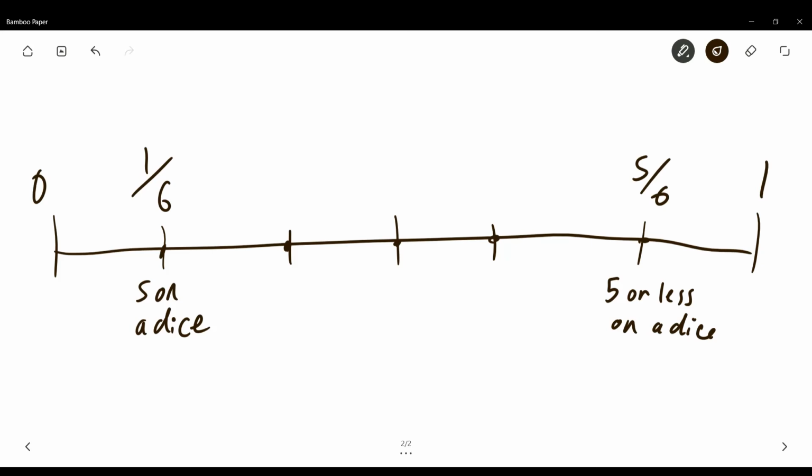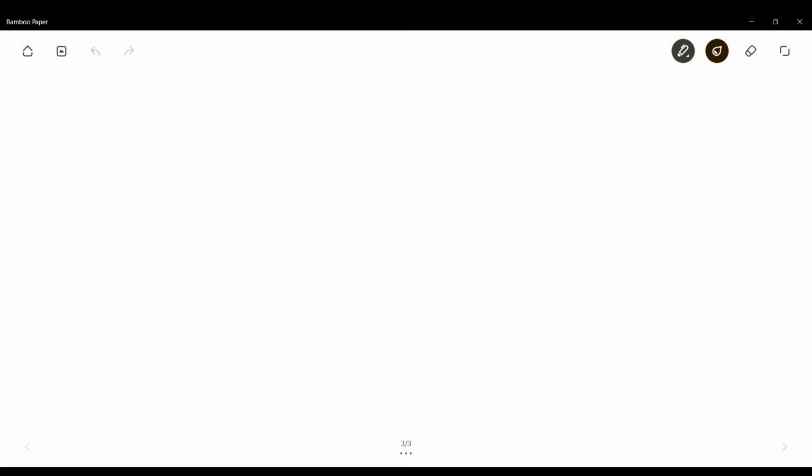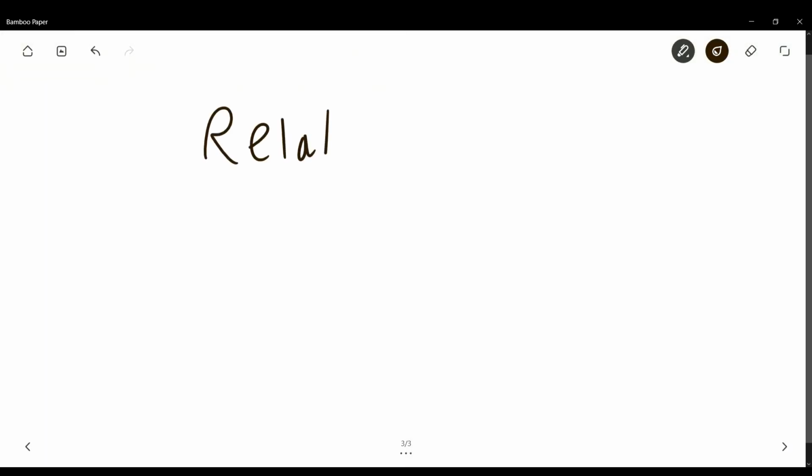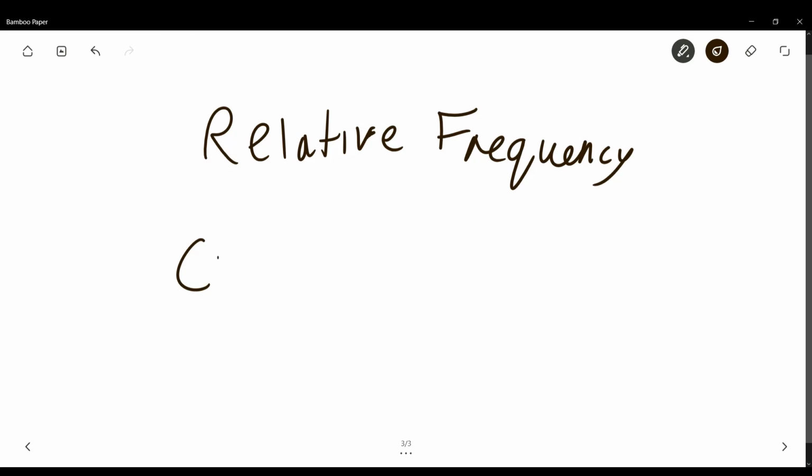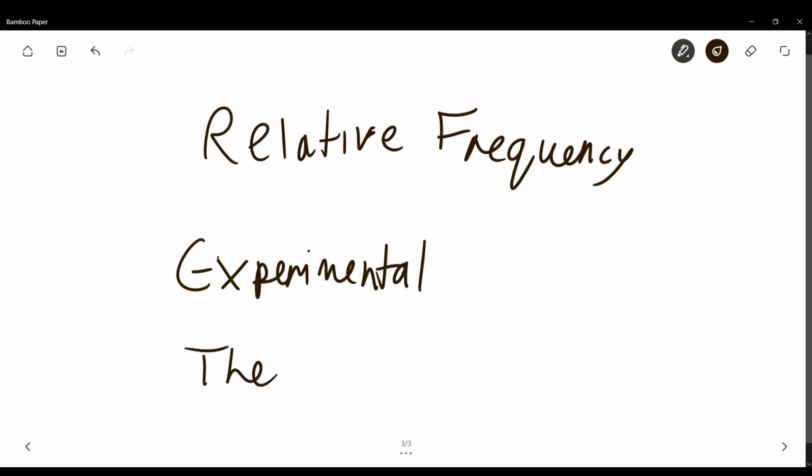So that's very much the very, very, very basics of probability. I will be doing a couple more videos to go into this further, because we're going to do things like relative frequency, which is just another fancy word for probability, and we're going to have experimental probability as well, and we're going to have theoretical probability.